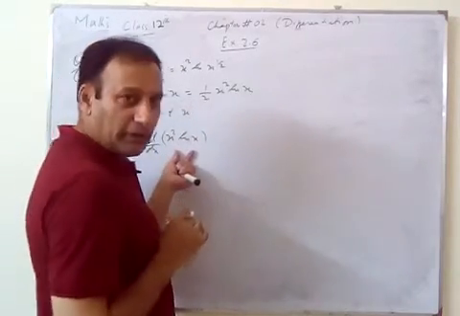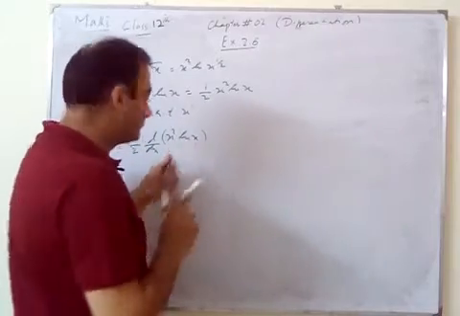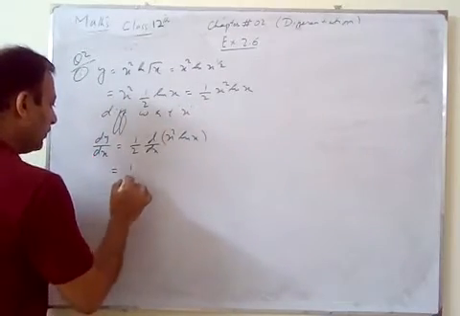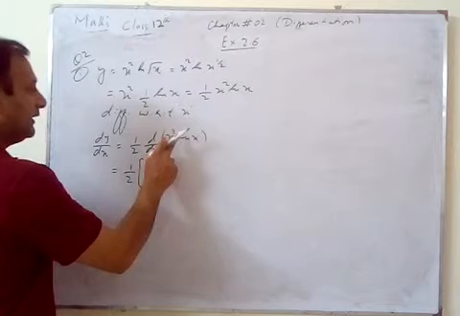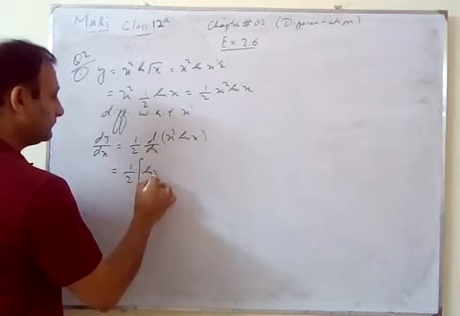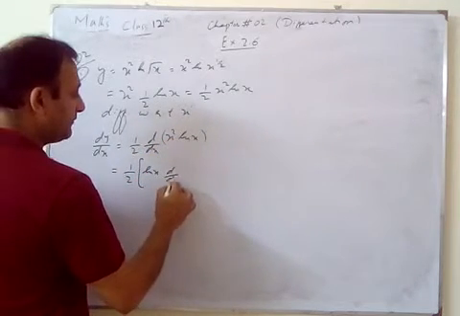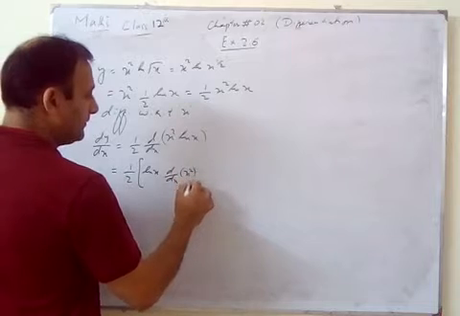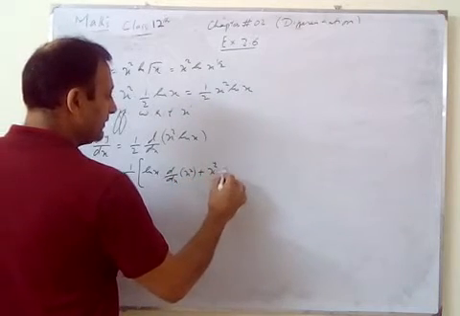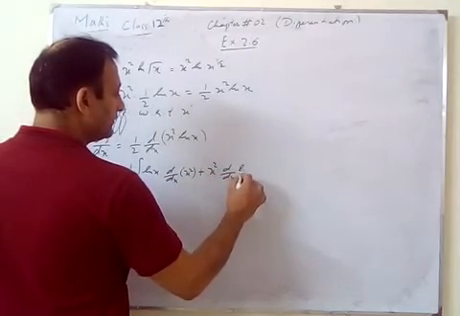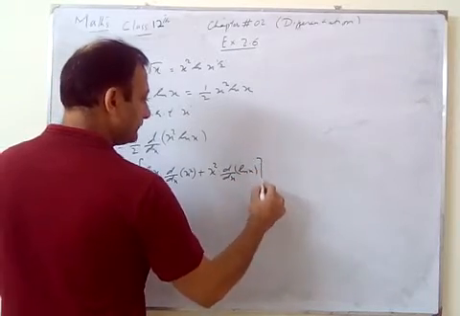Now here there is a product of 2 functions. So second function into derivative of first function plus first function into derivative of second function.